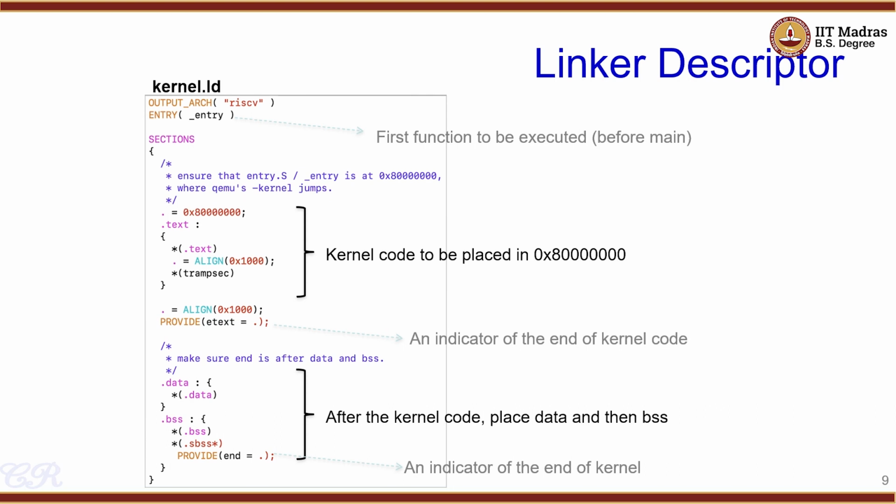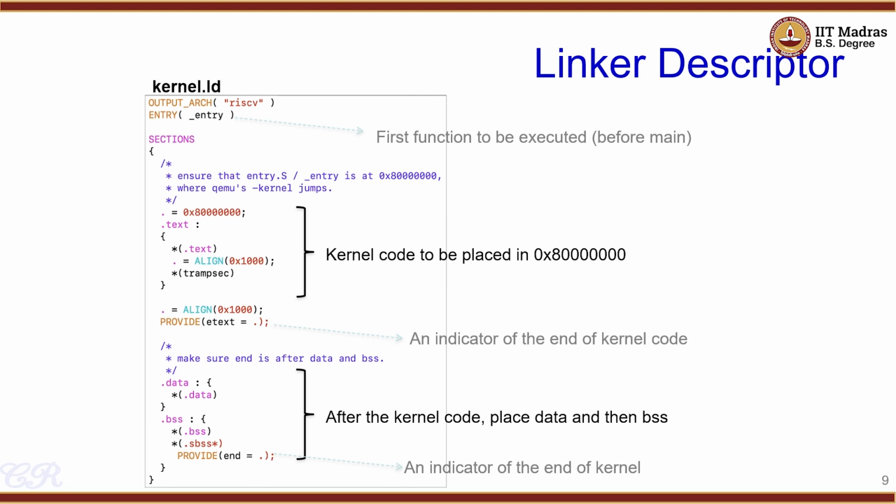Typically when we write a C program, we learn that the first function that executes is the main function. But in this operating system, we can change the first function to execute. By specifying _entry as my entry point into the program, I am indicating that the first function to execute is the _entry function.